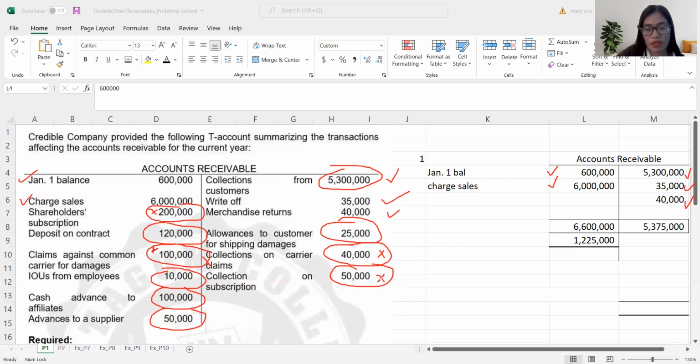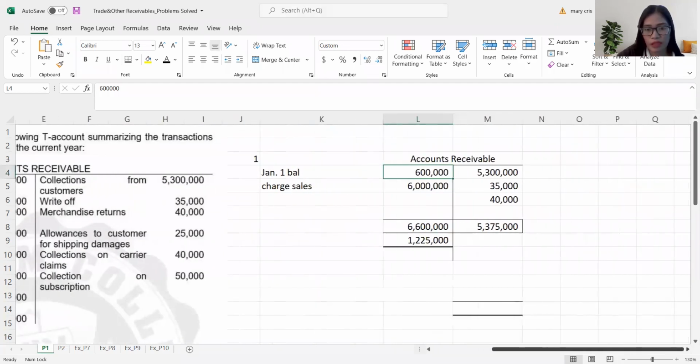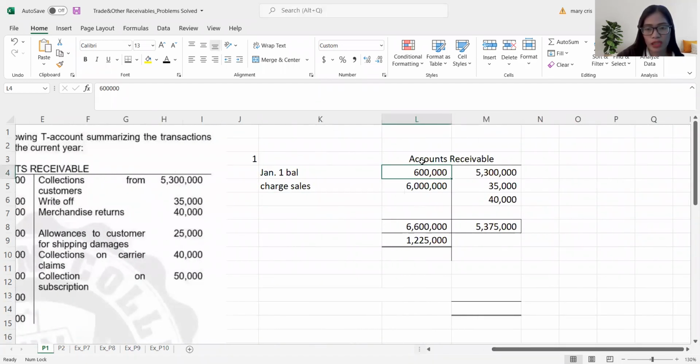Okay? So since we have already accounted for the items and we have already identified the specific, the appropriate account titles for them, let us now proceed to computing the correct balance of your accounts receivable. So just clear muna all the drawings. And then I want you to direct your attention in this the account.